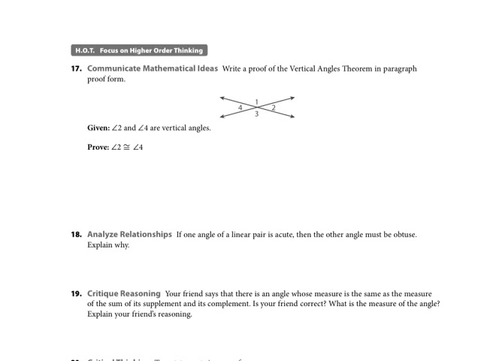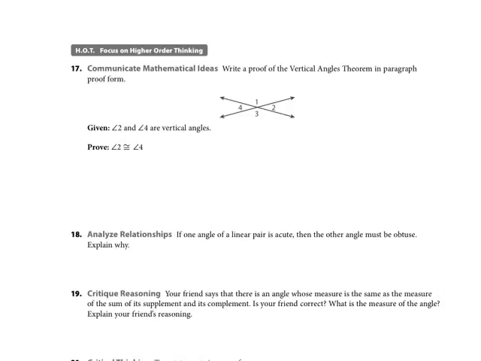Let's work together on number 17. Communicate mathematical ideas. Now, these are higher order thinking skills. These are your challenge problems. They focus on higher order thinking. Number 17 wants you to communicate mathematical ideas.